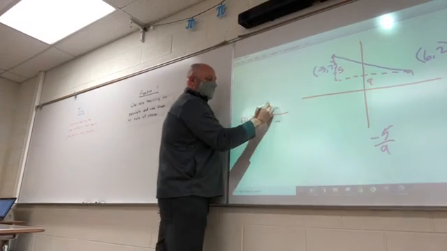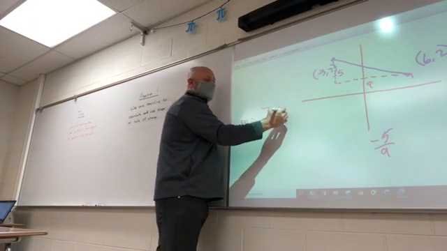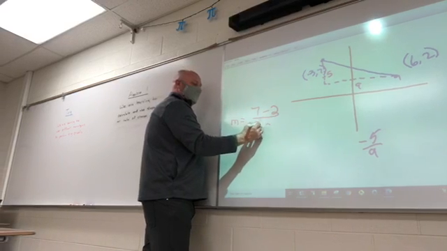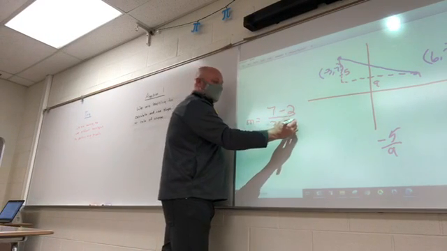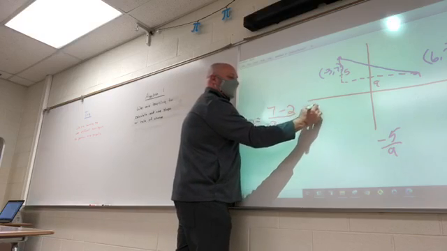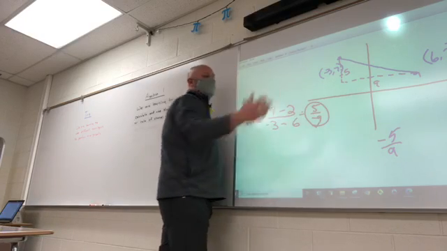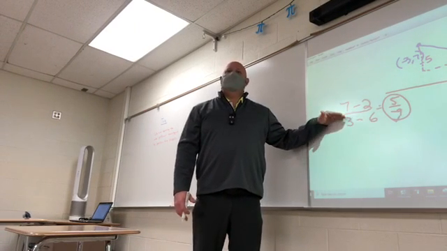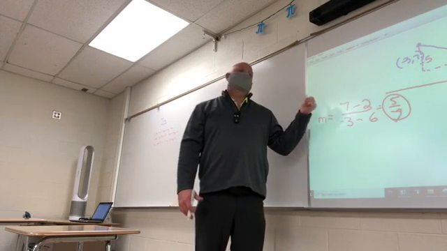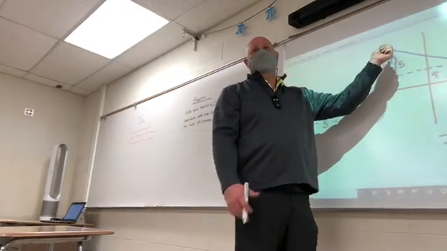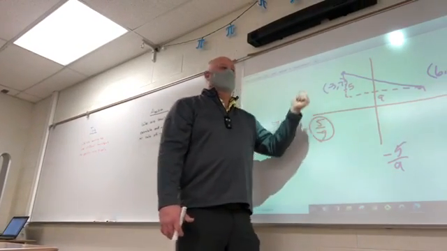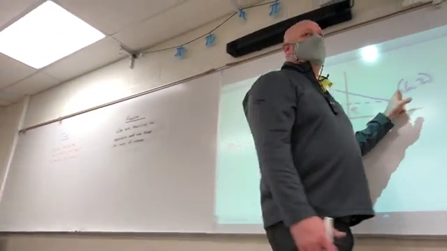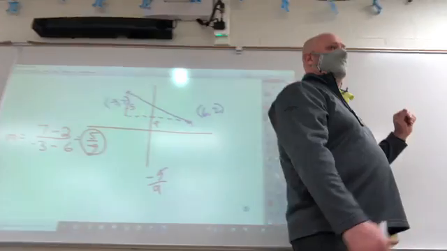So I could do 7 minus 2 over -3 minus 6. And you'd get +5 over -9, -5/9. I can guarantee you there will be a question like this on the quiz. It might be easy points like these, where you could do it either way, or I could give you giant numbers where you definitely want to use the slope formula. Okay?